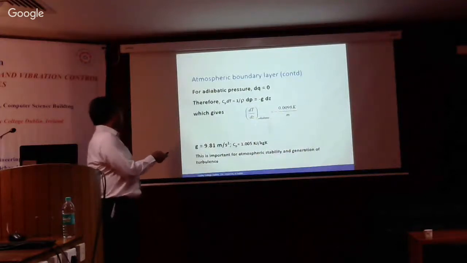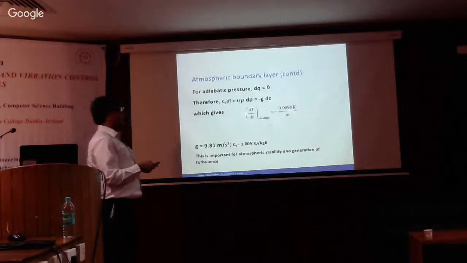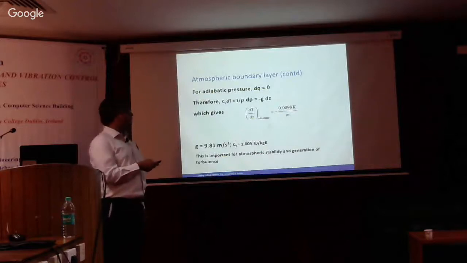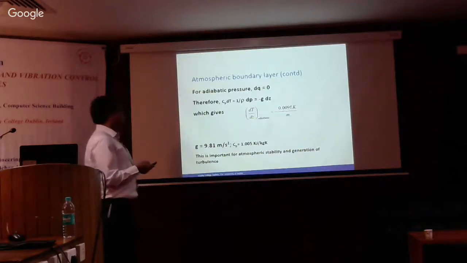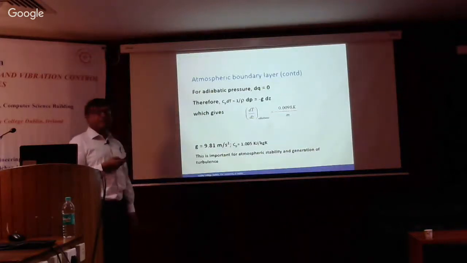Which gives dT/dz adiabatic equal to this particular value, which is 0.0098 Kelvin per meter. So there is a drop of 1 degree every 100 meters or so, roughly speaking. Multiply this by 100, it's going to be 0.98, close to 1. And 1 Kelvin is obviously 1 degree centigrade.